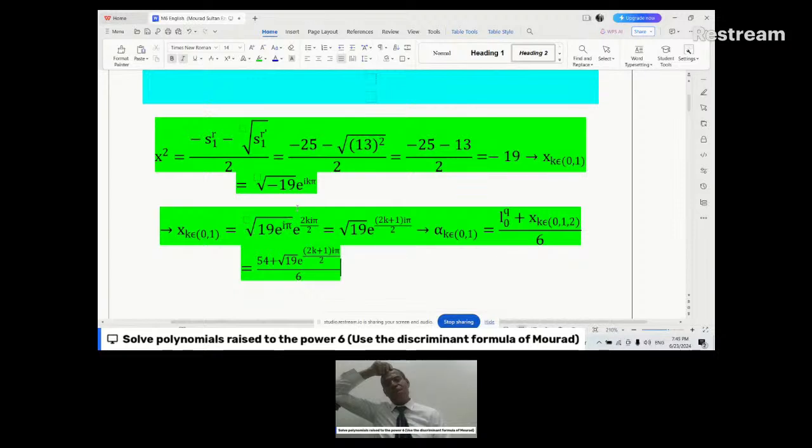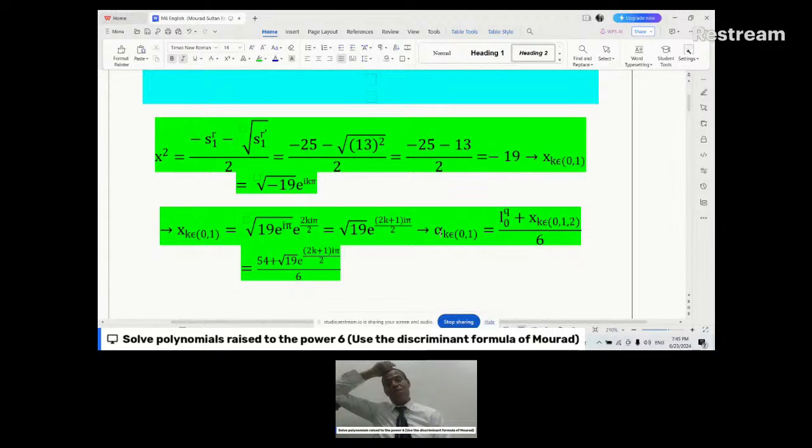Then ik pi you can write as 2k i pi divided by 2. Therefore here it will be written as root of 19 times root of exponential i pi. Root of exponential i pi you can write as exponential i pi over 2 plus 2k i pi over 2, which gives you immediately exponential (2k plus 1) divided by 2 i pi.